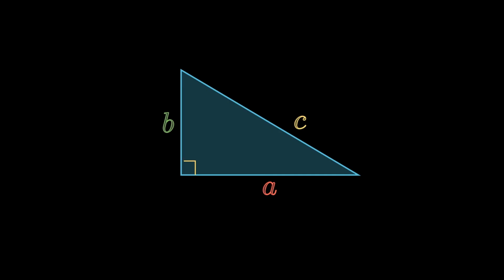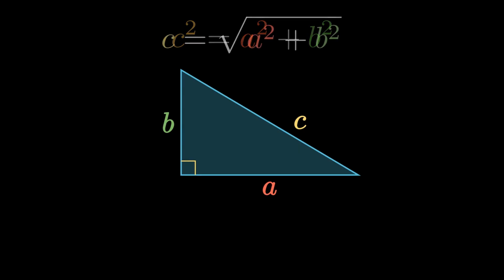The Pythagorean theorem can help us visualize this. We represent the hypotenuse c and its lengths a and b, knowing that c squared is equal to a squared plus b squared. So the longest length of a right-angled triangle is c, which is equal to the square root of a squared plus b squared.